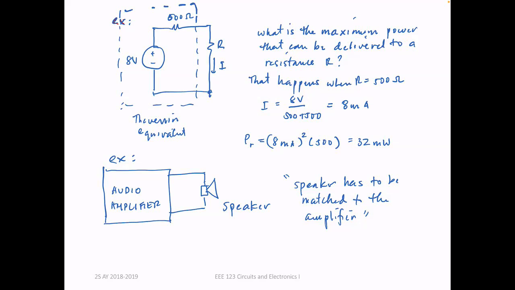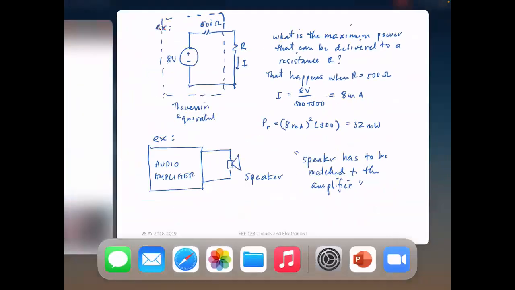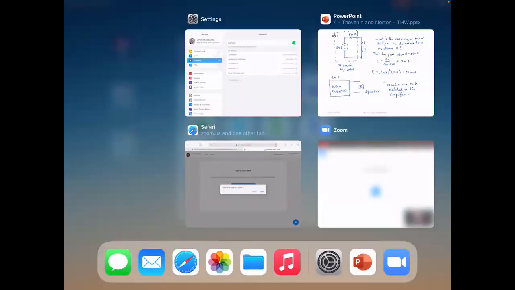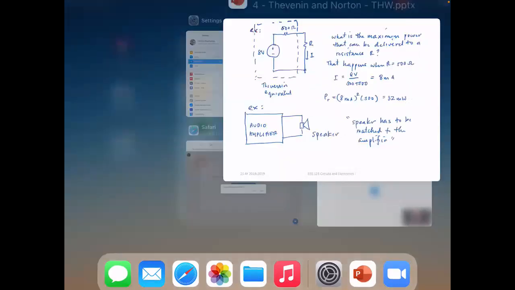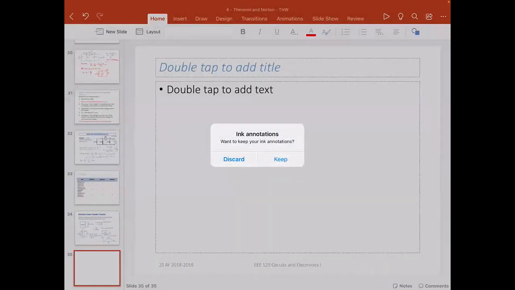Okay, I have one more topic which I'm supposed to discuss with you, so let me hurry up, and this is superposition. Are there any questions with regard to what we've discussed so far? Okay, so let me go ahead with superposition.